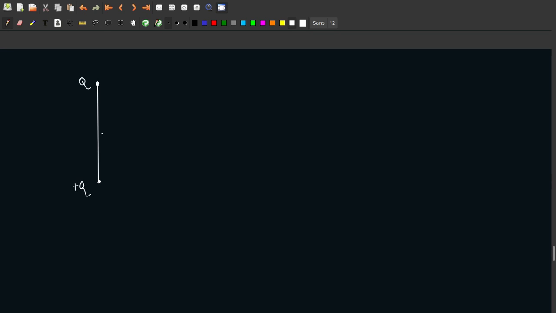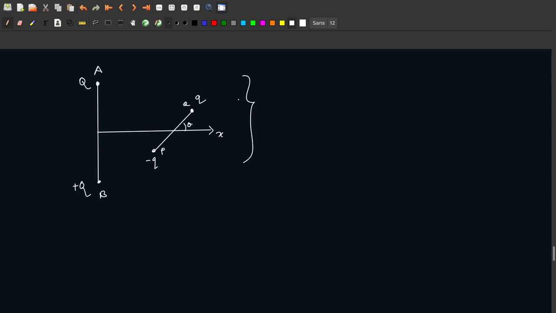Q and plus q, and from the center you have the x-axis, this is q and this is minus q. This makes an angle theta. This is the position A, this is position B. Let the coordinates be, for example, P, and let this be Q.